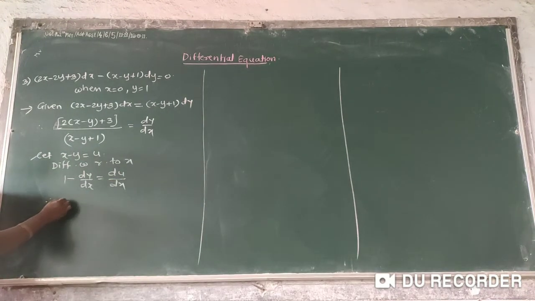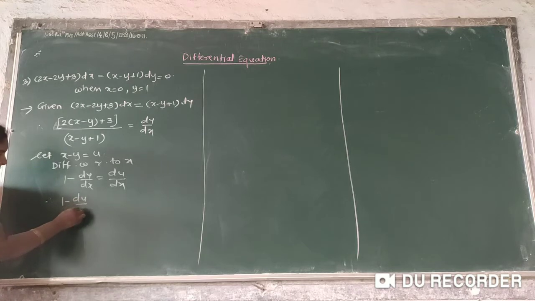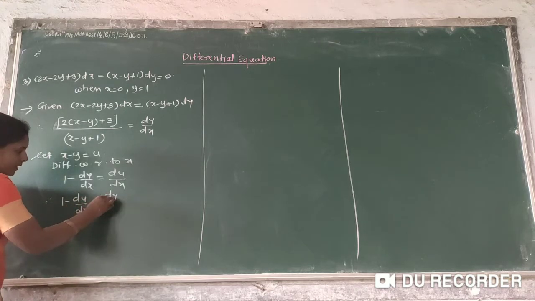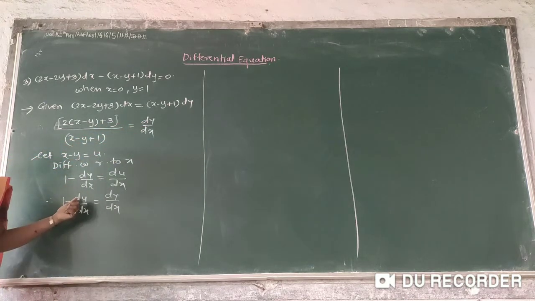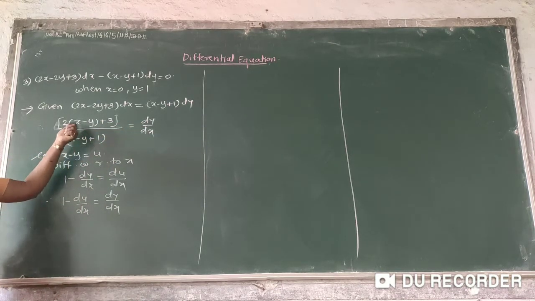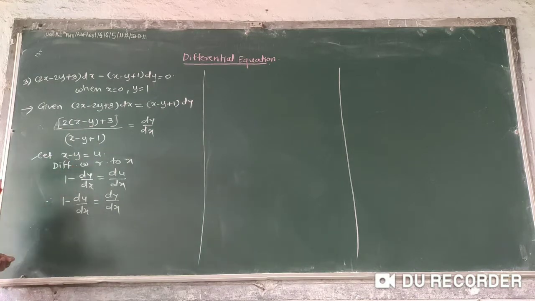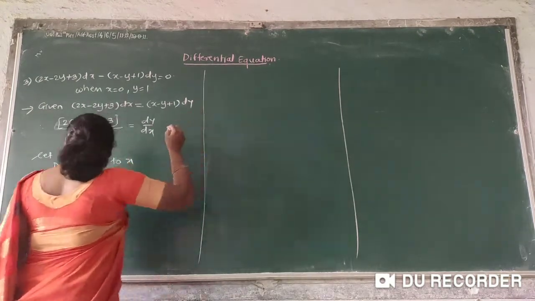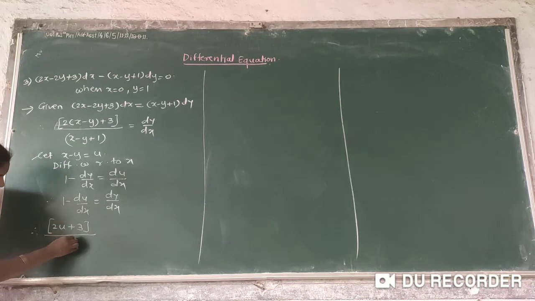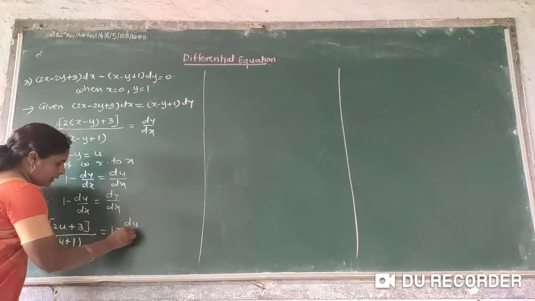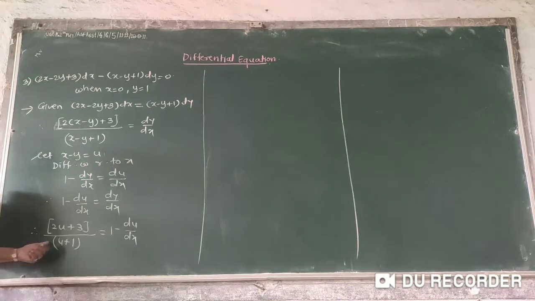Therefore, we get 1 minus du by dx is equal to dy by dx. Here, put for dy by dx as 1 minus du by dx, and x minus y as u. We get, therefore, 2 into (u plus 3) upon (u plus 1) is equal to 1 minus du by dx.